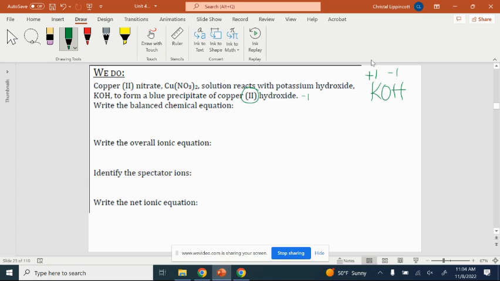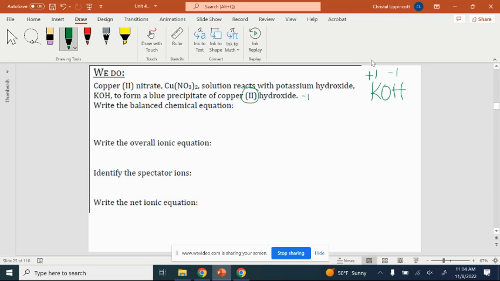So when we balance it, how many OHs are there on one side? Yeah, so that means we need 2 on the other side.